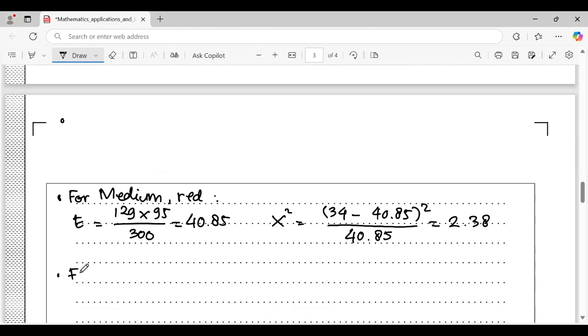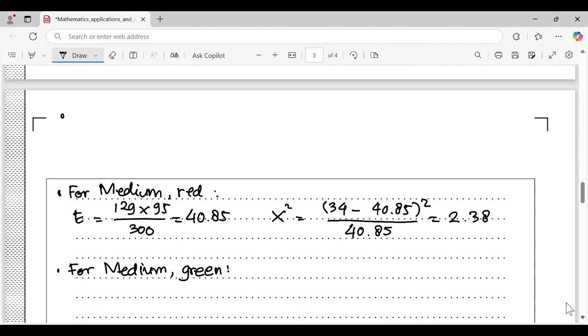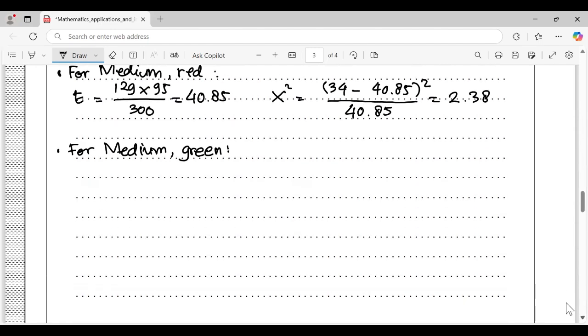After that, for medium green, the expectation is 129 times 79 over 300.